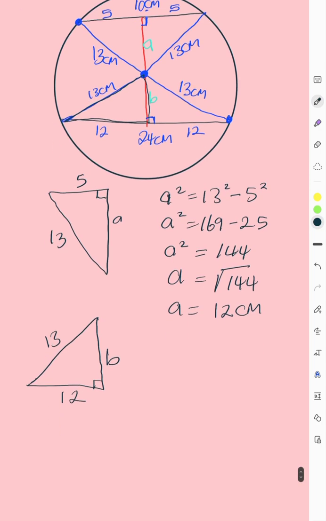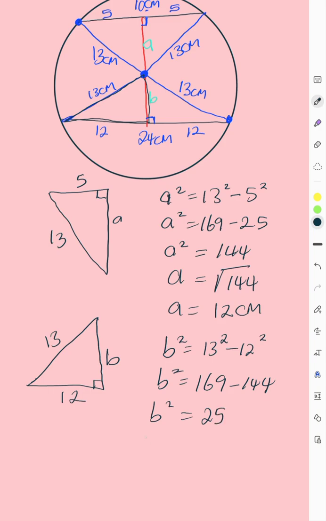So from Pythagoras theorem again, you have that B squared is equal to 13 squared take away 12 squared. So 13 squared is 169, 12 squared is 144, and when you subtract, you get 25. So B becomes the square root of 25, and of course, the square root of 25 will give us 5 centimeters. And the distance between the two chords is the sum of A and B.